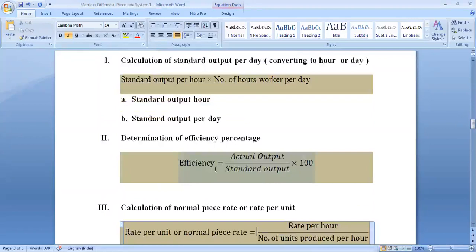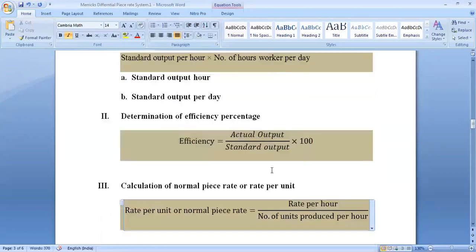The formula is efficiency equals actual output by standard output into 100. This is calculated to find out whether the worker whose earnings we are calculating falls under the basic, moderate, or higher rate incentive scheme.